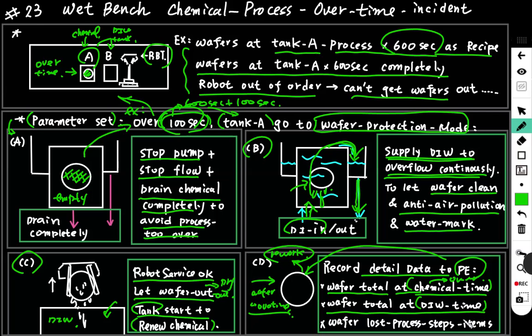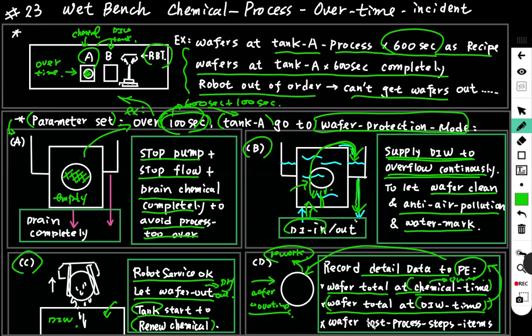Then we might have a DI water corrosion issue later. So after some special process, especially one with a metal or specific sensitive layer, it is afraid of DI water corrosion issues. So we've got to record the wafer's total time in DI water to let the process engineer check it.